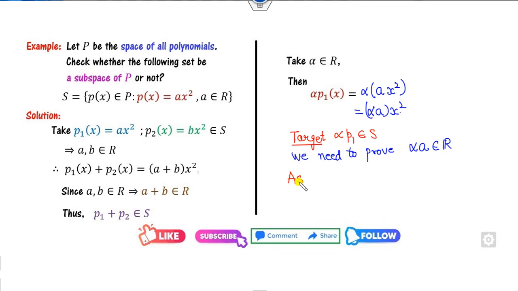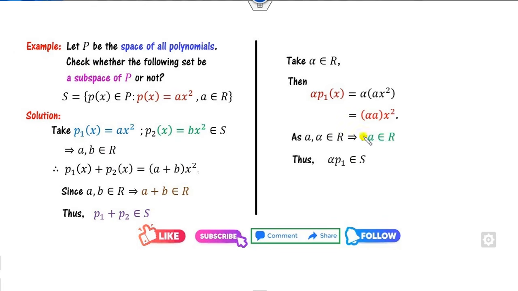Now again it's very simple, because alpha is real. What is a? a is also a real number. So the product of two real numbers is again a real number. So therefore this is also satisfied. Now you can see the 0 is already satisfied, addition is satisfied, scalar product is also satisfied, hence it is my subspace.